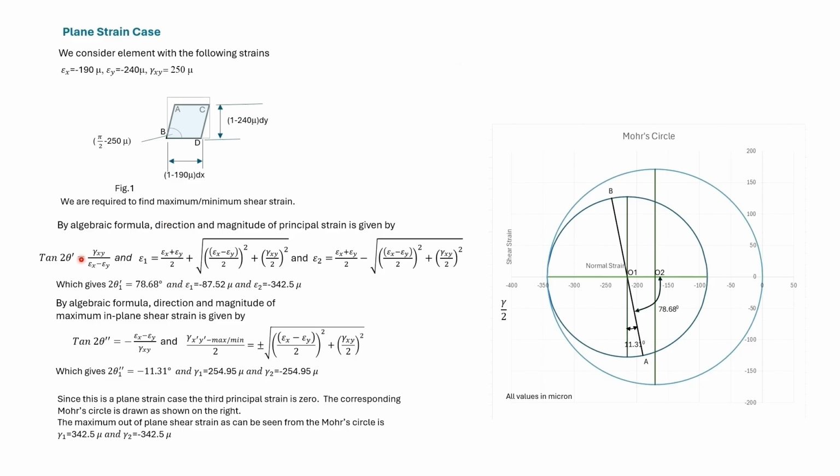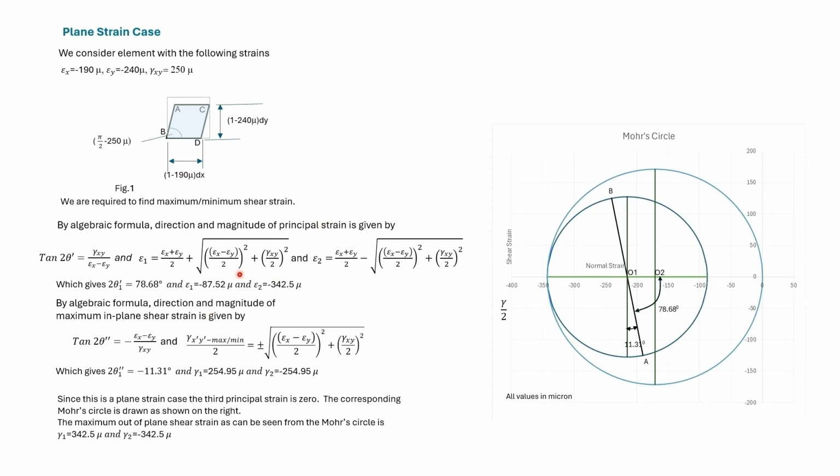These are the formulas for the direction and magnitude of the principal strains. Substituting the values given, we find out 2 beta dash 1 and epsilon 1 and epsilon 2. Epsilon 1 and epsilon 2 are both negative.